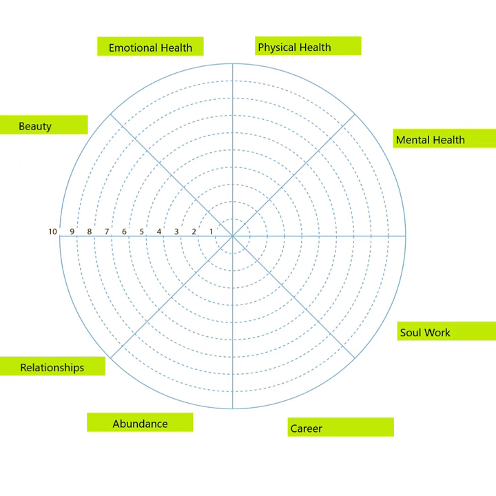If we do not have a healthy body and mind, we won't be able to accomplish these 4 aspects.